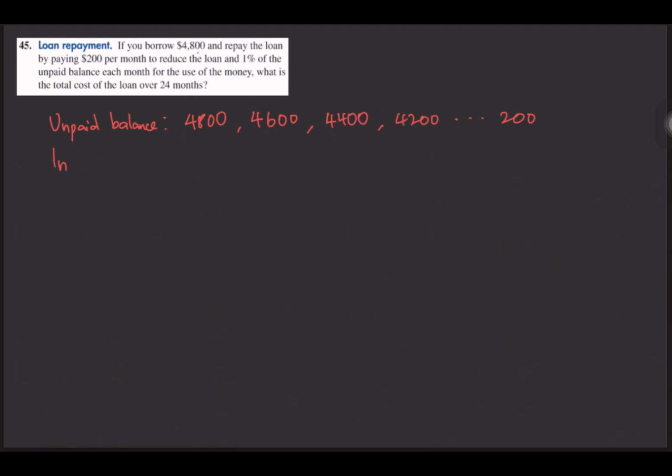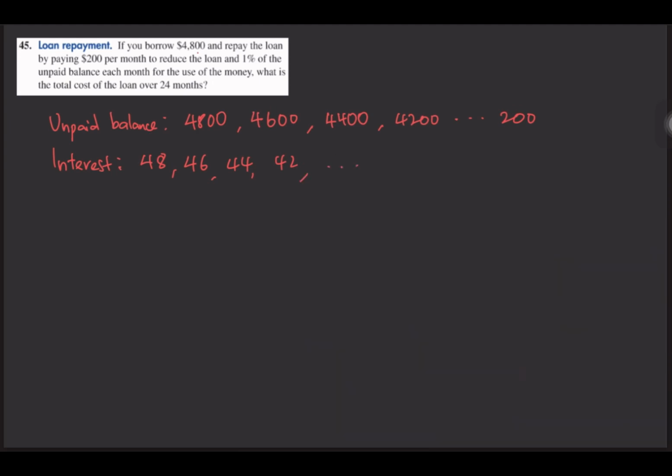So what about the interest? Well, 1% of the unpaid balance, so 1% of 4,800 is 48. 1% of 4,600 is 46, 44, going on 42, until you reach 2.